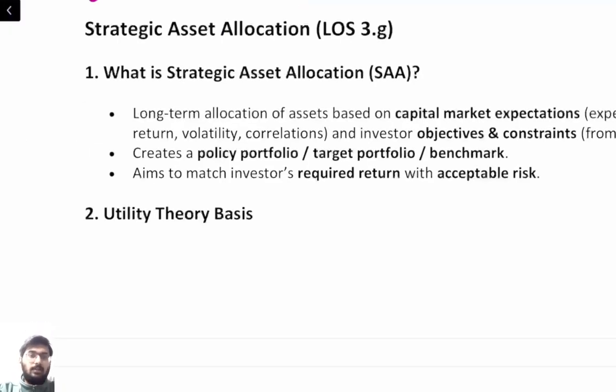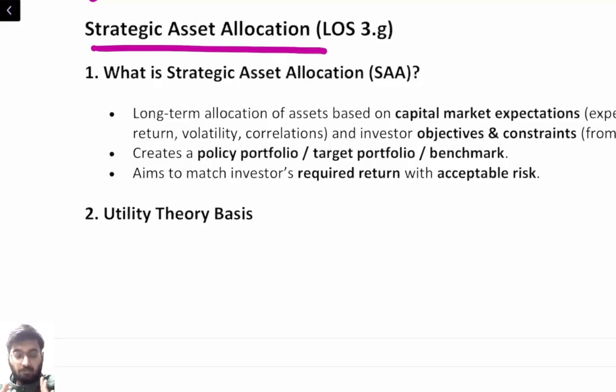Now, coming towards the last portion of this particular lecture, that is your strategic asset allocation. Clear? We introduced it in the beginning, as one of the most important topics when you talk about portfolio management and the allocation of assets. So what is strategic asset allocation?